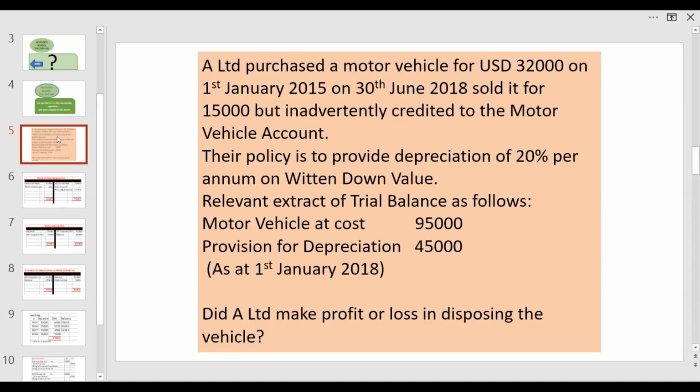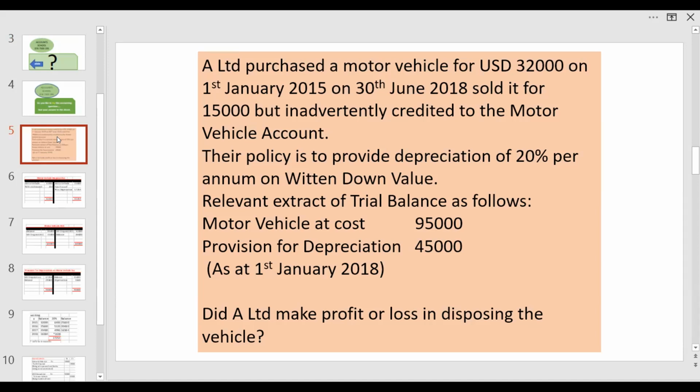Their policy is to provide depreciation of 20% per annum on written down value. Relevant extract of trial balance is as follows. Motor vehicle at cost 95,000, provisions for depreciation 45,000. Okay, the question is, did A Limited make profit or loss in disposing it?